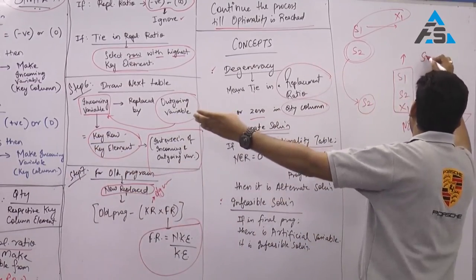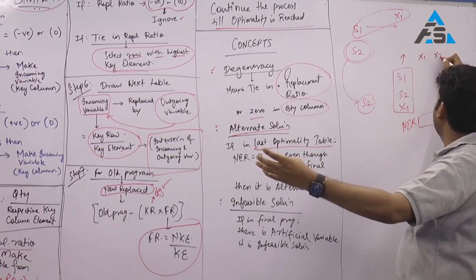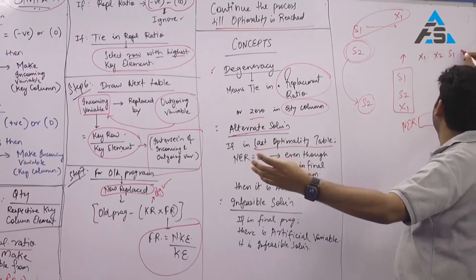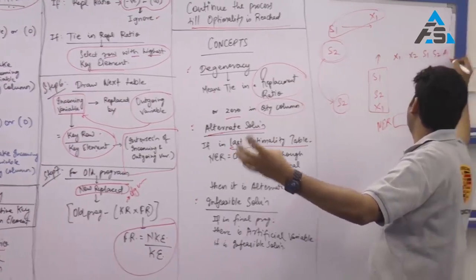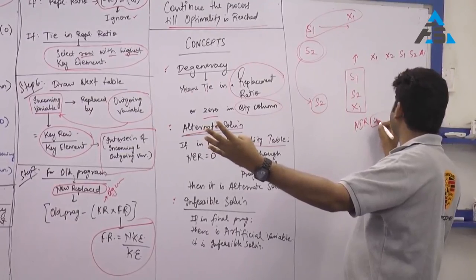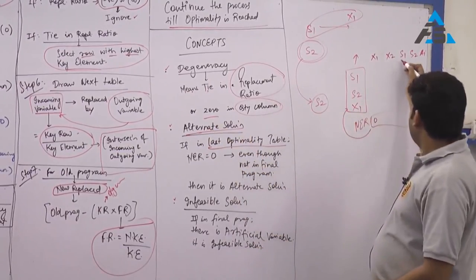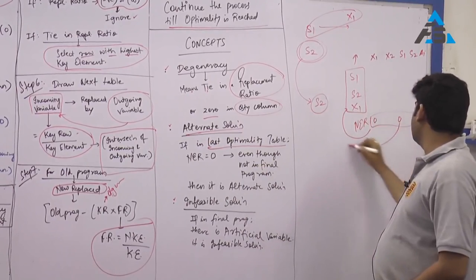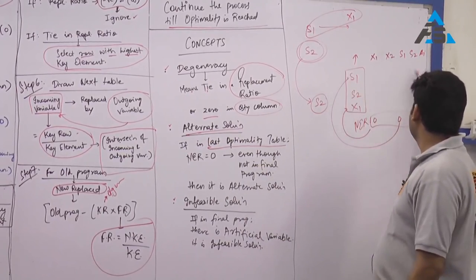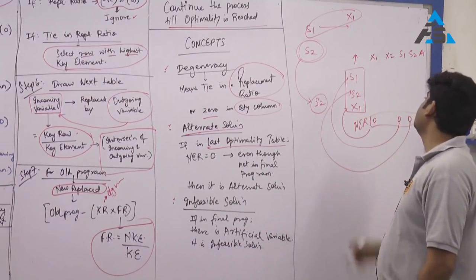So here I'll just give you a hypothetical example. Suppose there is an X1, X2, S1, S2 and say A1. This X1 will always have a NER 0 because it is in the final solution. S1 will always have a NER 0 because it is in the final solution. S2 will always have a NER 0 because it is in the final solution.